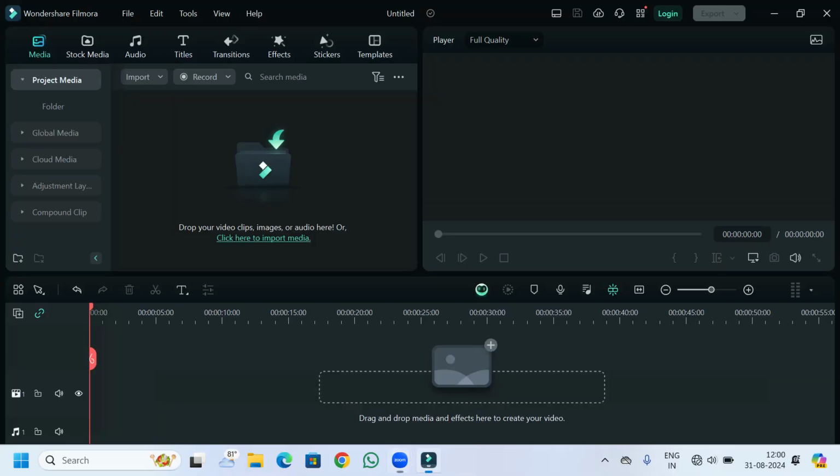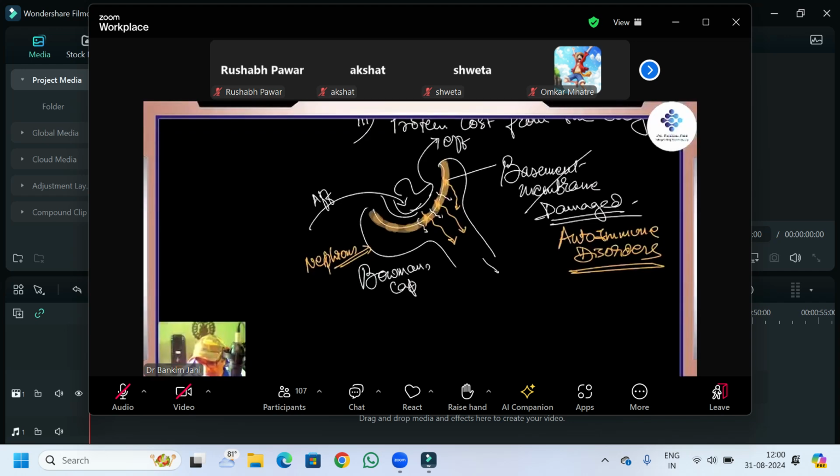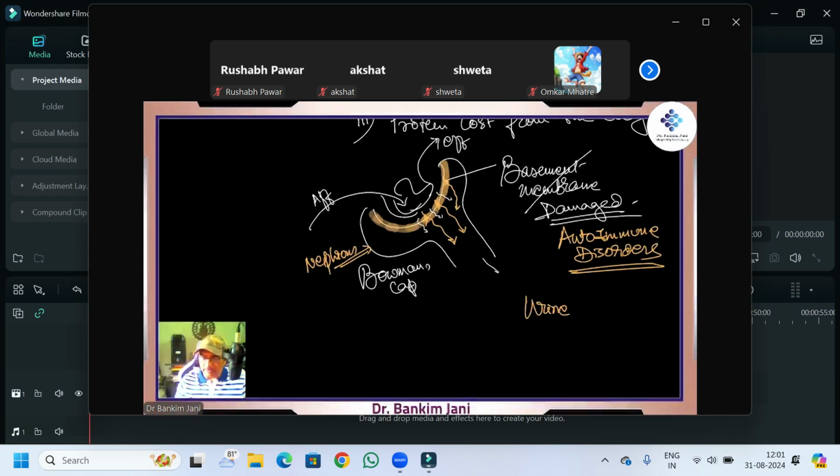There is no other mechanism by which they can. So once it is broken, this protein will be appearing in the urine. This is why you tell your patient to go for the urine test.